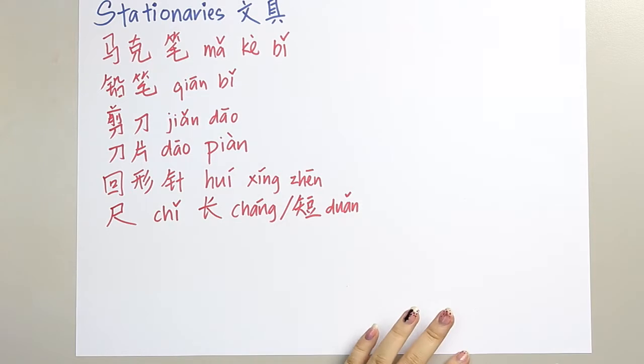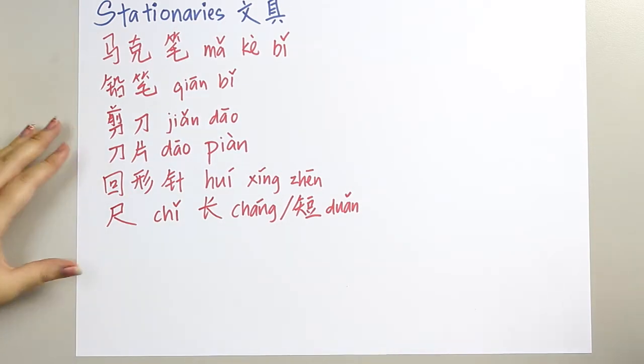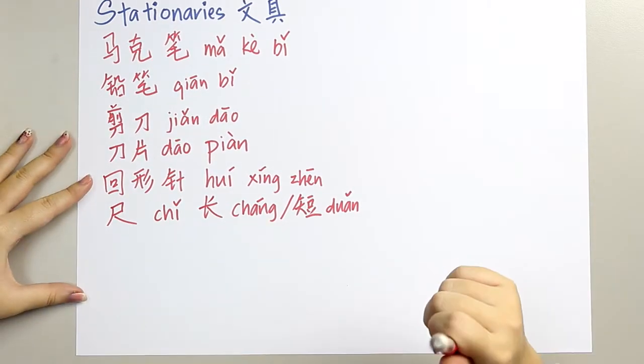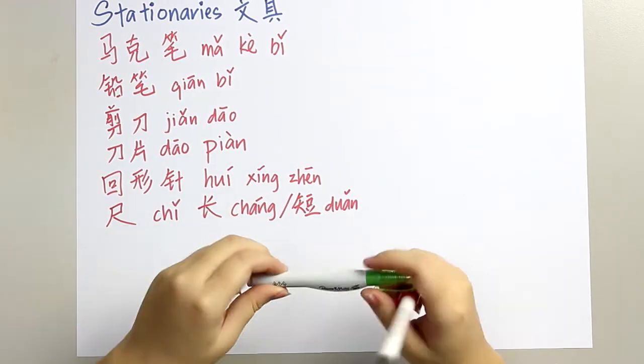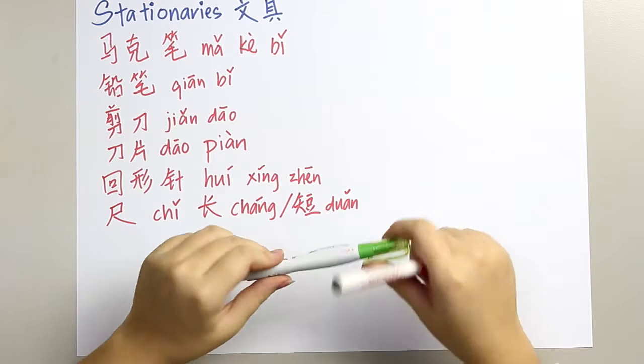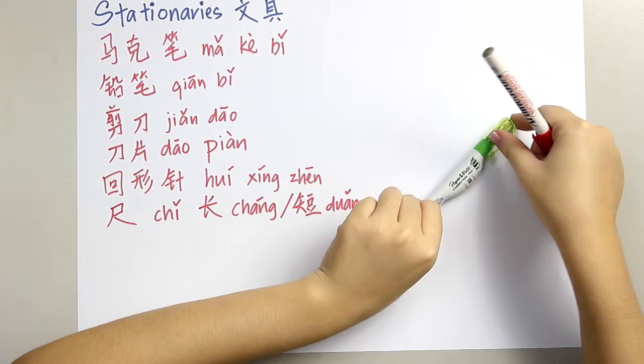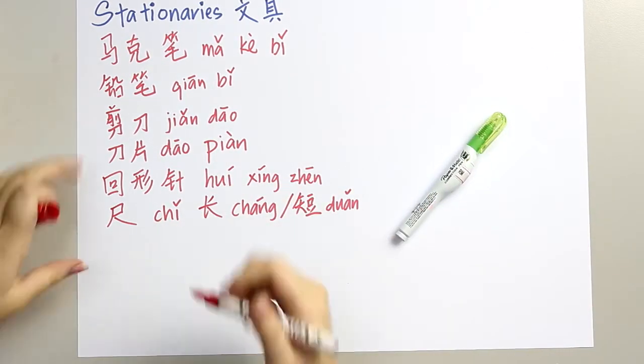What if I write something wrong and I want to correct it? What will we use? We will use this. Correction tape. Correction tape we call as 涂改液.